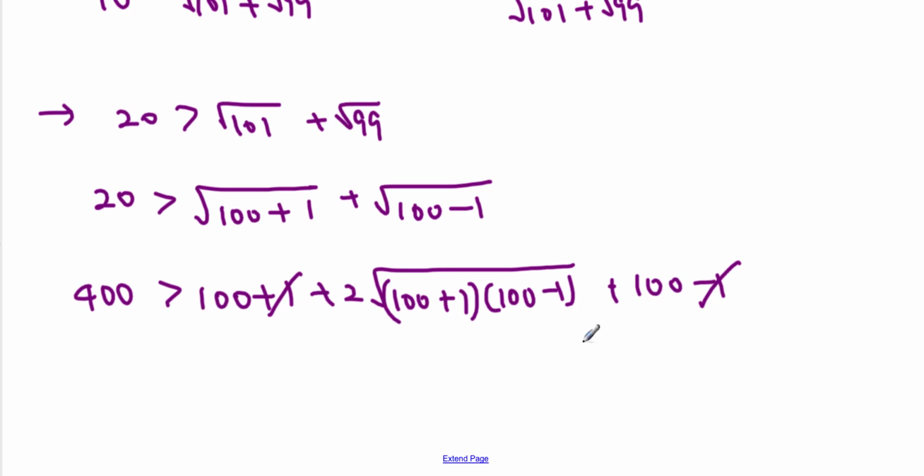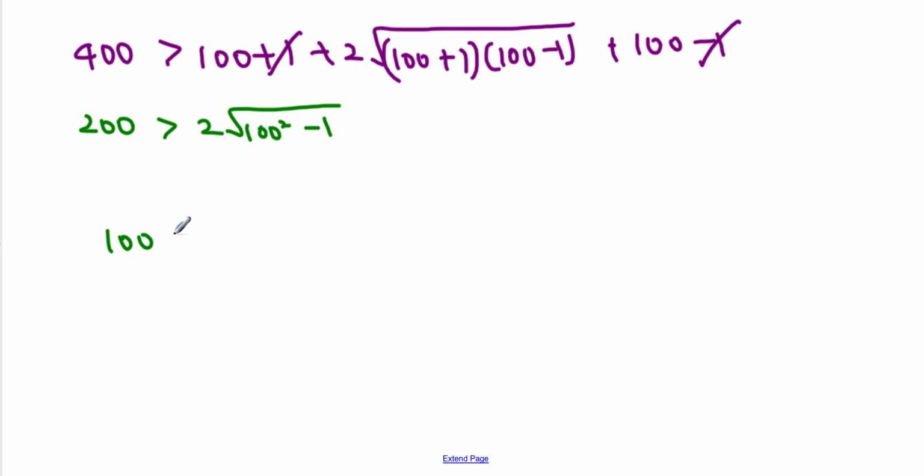And we have 200. So when we subtract 200 from each side, we get 200 is greater than 2 times the square root of 100 squared minus 1. When I divide by 2, I get 100 is greater than the square root of 100 squared minus 1.